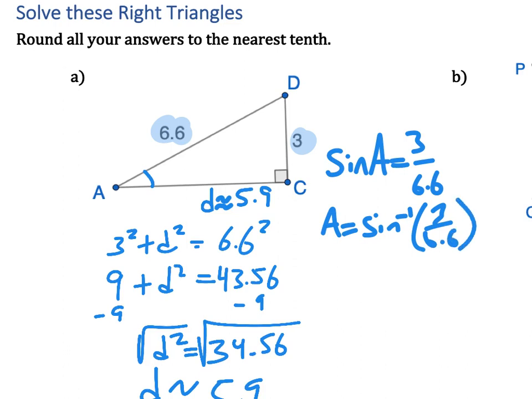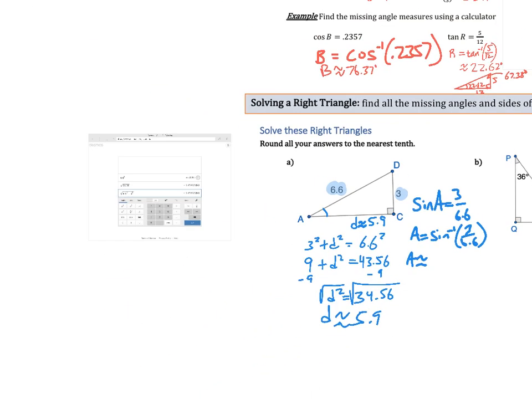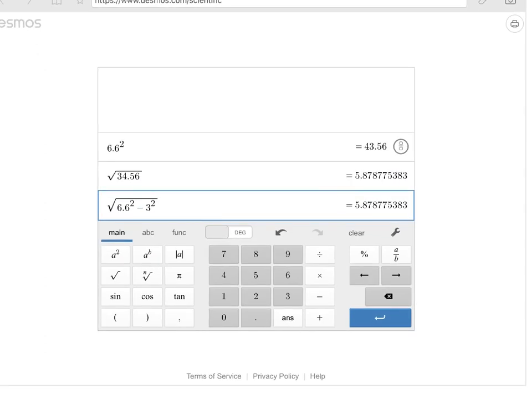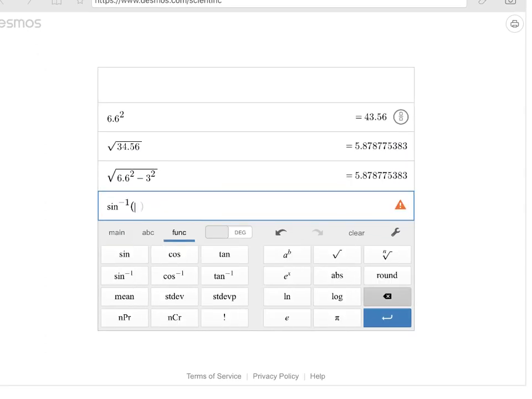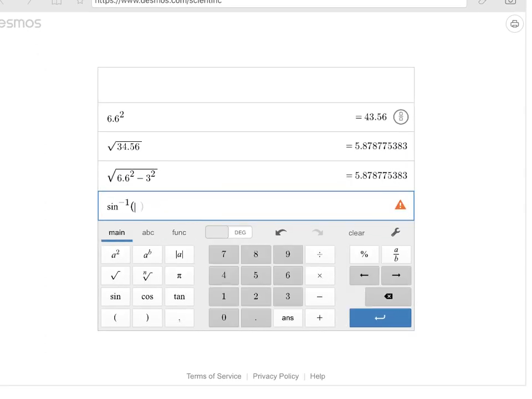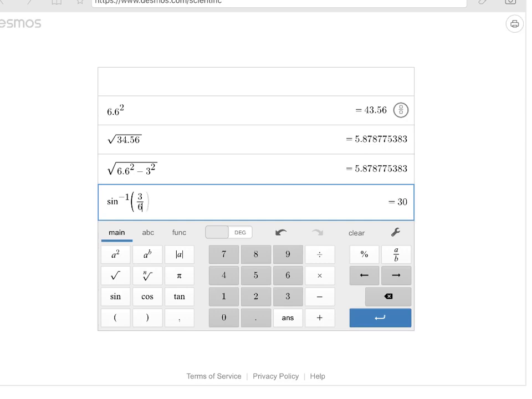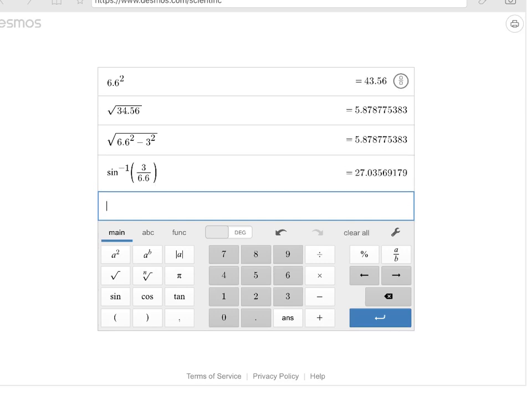Now we can go find out how big angle A is using our calculator. So 3 over 6.6, inverse sine, and we got 27.035. Now the other angle is going to be, they're going to add to 90 there.